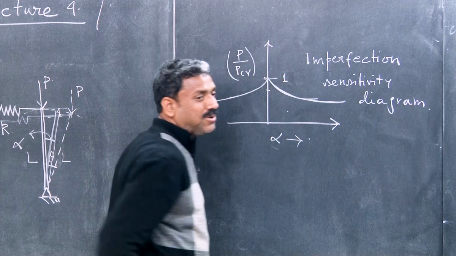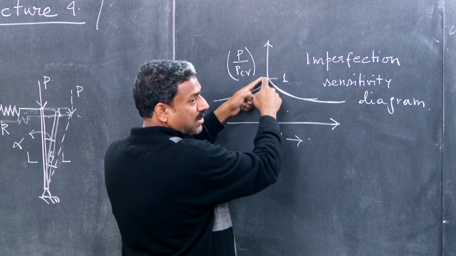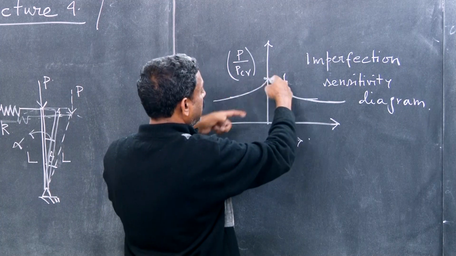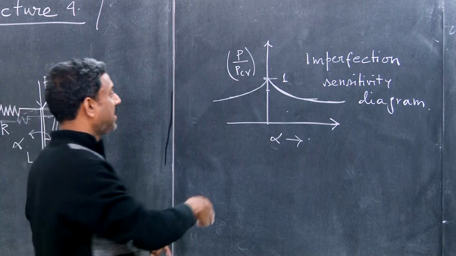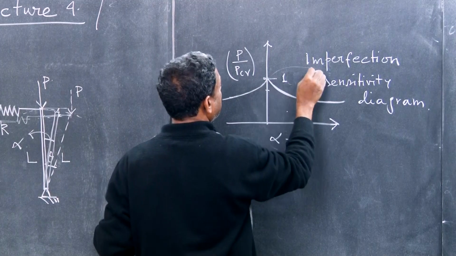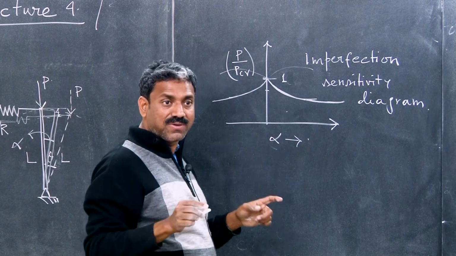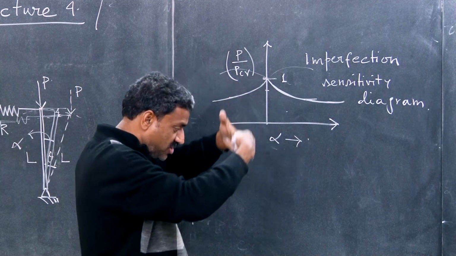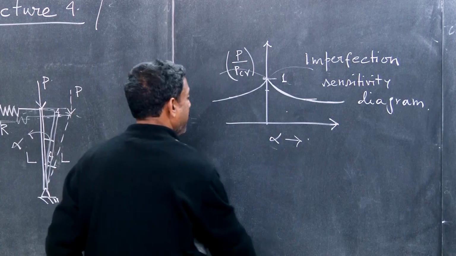The previous one, how was it looking? It was going up like this, right? If you could recall, for the stable post-critical bifurcation it was like this. But here it is going down. Fine? Okay.